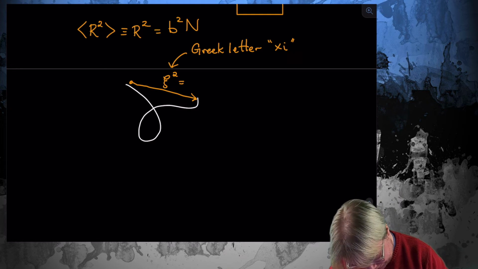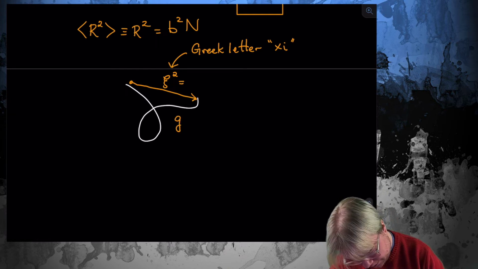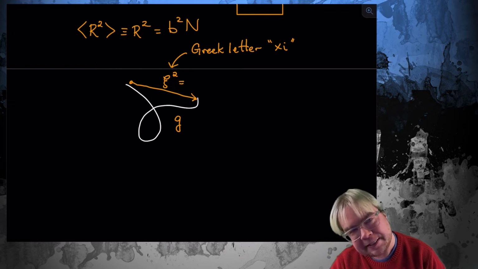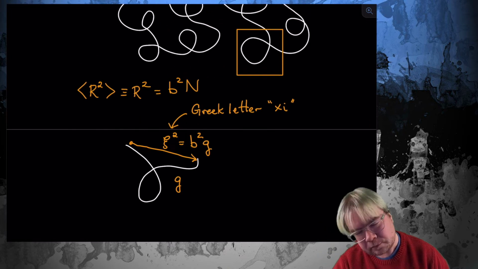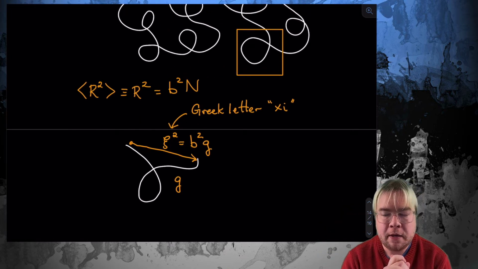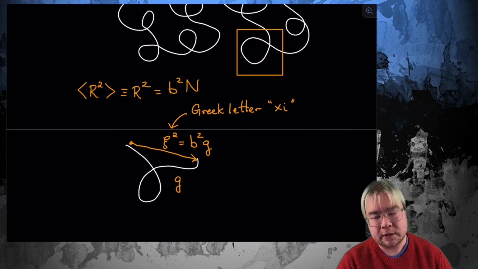So if I was to do that, and if in this region I had, let's see, little g monomers, then the size here at the small length scale would be b squared times g. Okay. This might look familiar to you when we were talking about blobs, the blob theory, or the blob way of looking at polymer chains.